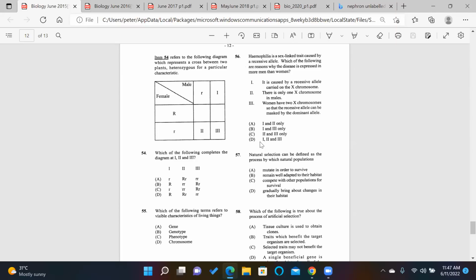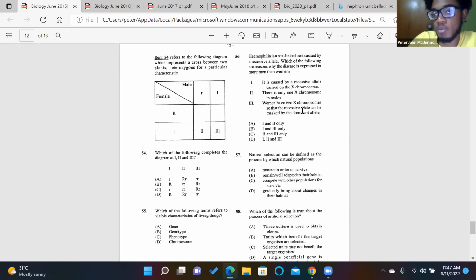Sir, I don't understand the 3. Look at 3. Remember, women have 2 X chromosomes, true or false? True. Men have 2 X chromosomes, true or false? False. What do men have?